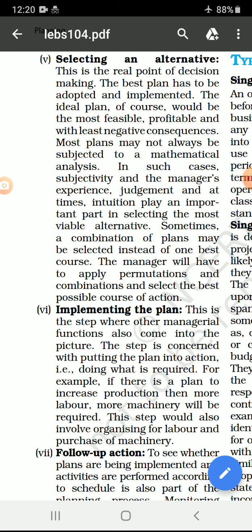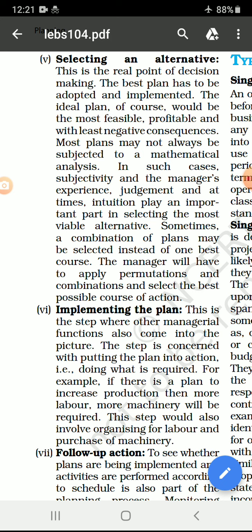This is one part of a mathematical way of selecting the work. You might have studied permutation and combinations in your lower classes. When two alternatives are there, how they will work out and how they will select the best alternative one. In that case, they will be selecting the best possible course of action.